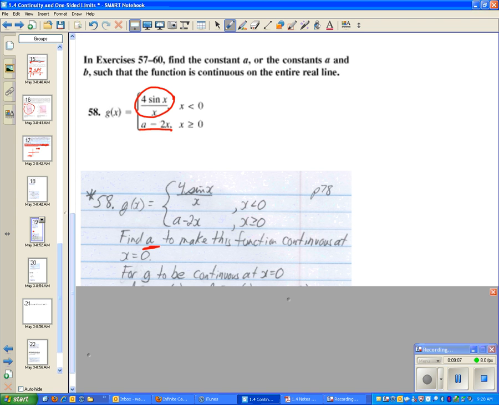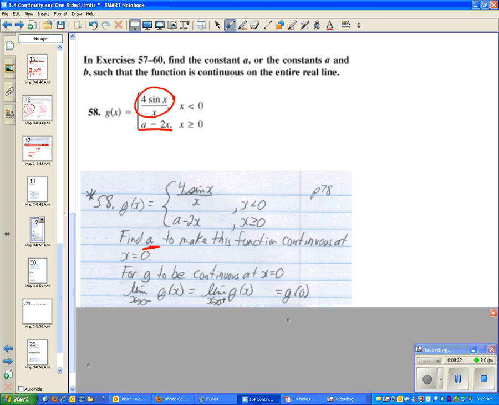Go back to your definition of continuous at a point. There are 3 conditions. Since 0 is our c, f of 0 has to exist. The limit of the function as x approaches 0 has to exist. And the value equals the limit. Those 3 things have to happen. That's our definition.